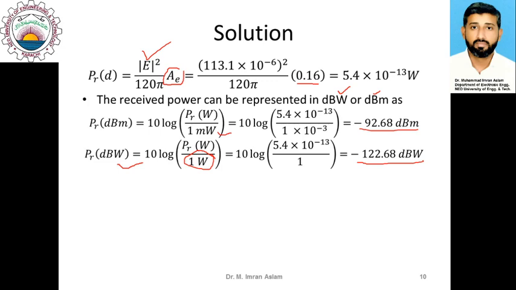So if we increase the distance, the power would get reduced with the fourth power of the distance. So the path loss exponent that we get from the received power calculation is actually n equal to 4. So this ground reflection model is more suitable for environments where we have more losses as compared to free space propagation. Okay, so this concludes the discussion on the two-ray ground reflection model.